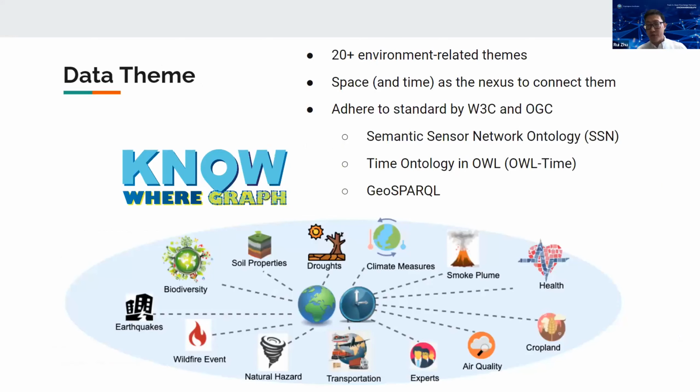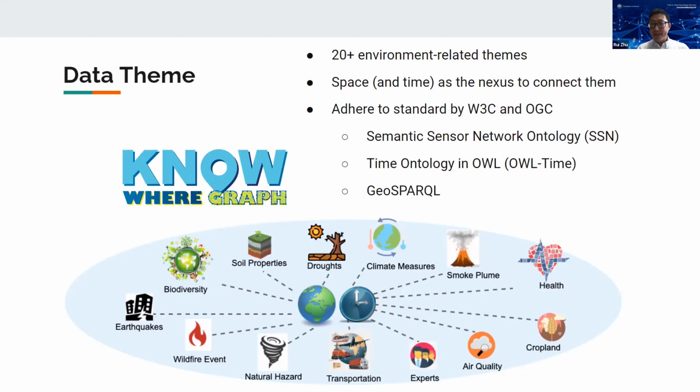We developed our graph, which contains over 20 environmental-related themes, including data about climate matters, smoke plumes, health, air quality, transportation, and so on. As you can see, these are different data silos, and our approach is to use space and time as the nexus to connect all these different themed silos.